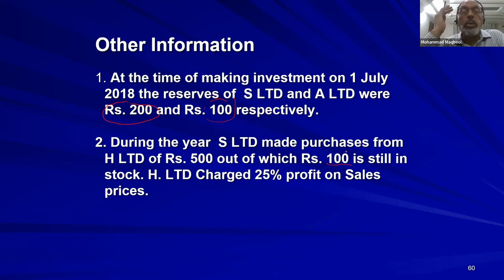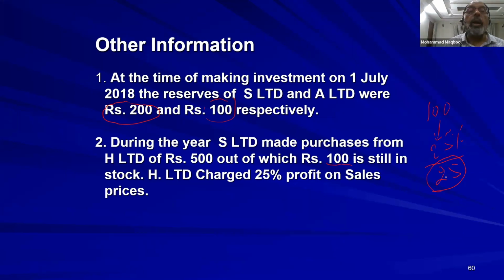H Limited charged 25% profit on the sale value, so on 100, 25% comes to 25, which is the unrealized profit. We have to deal with that as well. So this is the case in front of us.